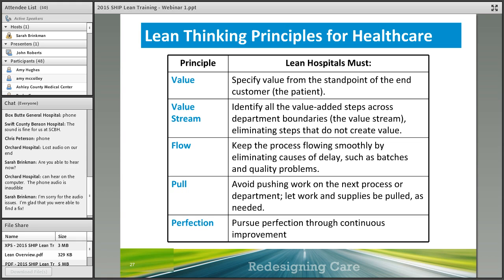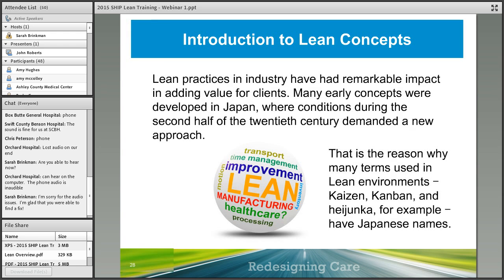So when we look at these principles and how they might look in a hospital, again, we're looking at value from the standpoint of the patient. We're looking at value stream. We're looking at how the process works, what goes into those processes. Again, looking at flow, pull, and perfection, continuous improvement.